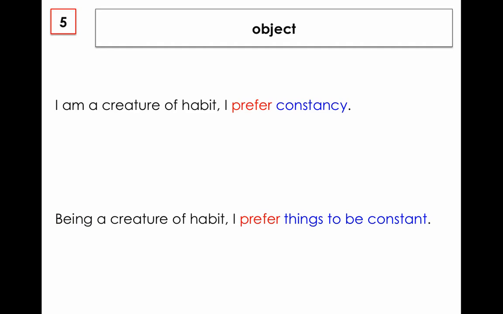Look at the object for the verb prefer. In the first sentence the object is constancy. In the second sentence the object is things to be constant. What's the difference? Well, in the first sentence, constancy, we have an abstract noun which has been turned into an adjective in the second sentence, joined to things with to be, things to be constant.